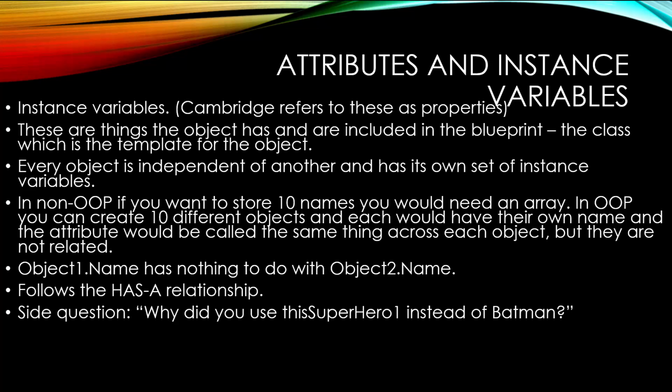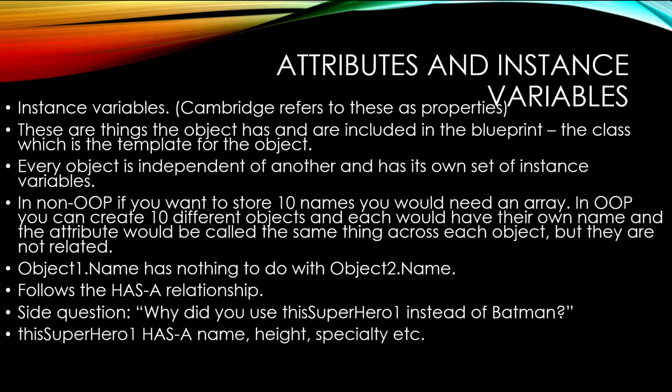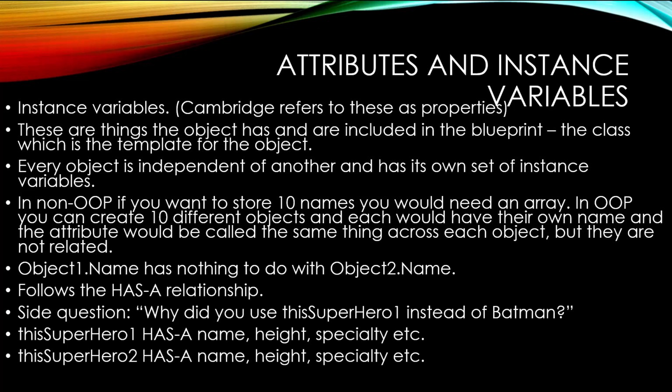So what I would do is I'd give my superheroes attributes. So this superhero 1 has a name, they're going to have a height, and they're going to have a specialty. This superhero 2, which has nothing to do with this superhero 1, also has its own name, its own height, its own specialty. Now these attributes should always be private.